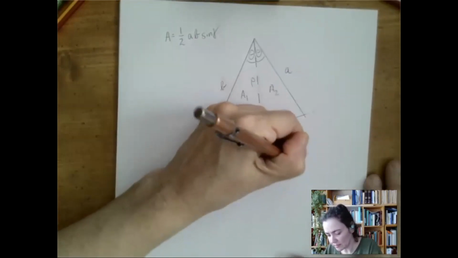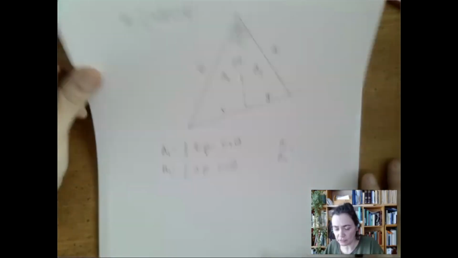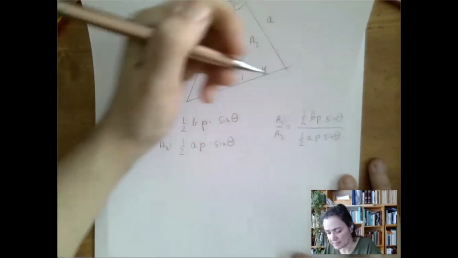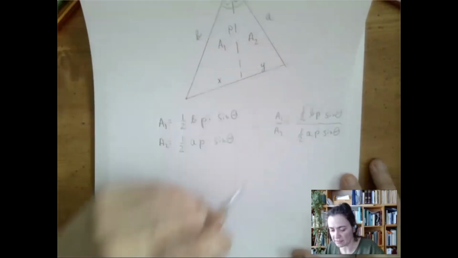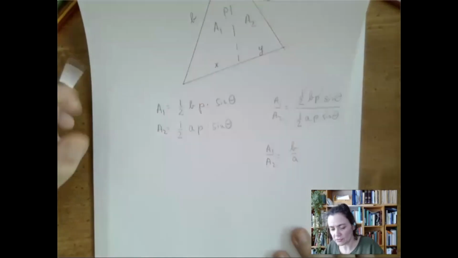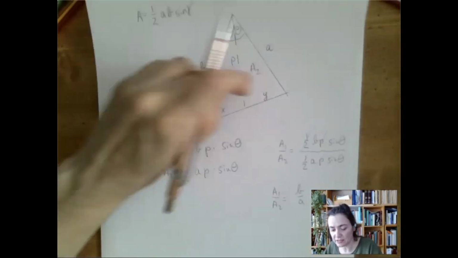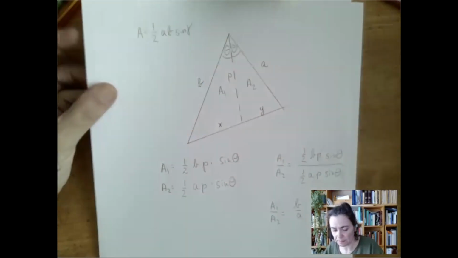So when we look at a ratio like A1 over A2, you will see that a lot of things simply cancel out. Sine theta cancels out, P cancels out, and 1/2 cancels out. All that we're left with is B over A. So the ratio between the areas of these two triangles is the same as the ratio between these two sides.